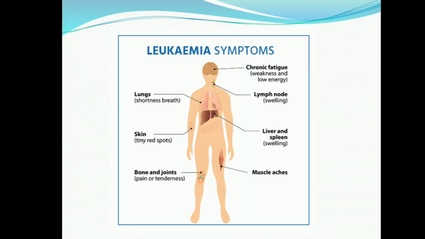There are certain symptoms which are found in leukemic patients like chronic fatigue, swelling of lymph nodes, shortness of breath, swelling of liver and spleen, muscle ache, and they are found certain tiny red spots beneath the skin.